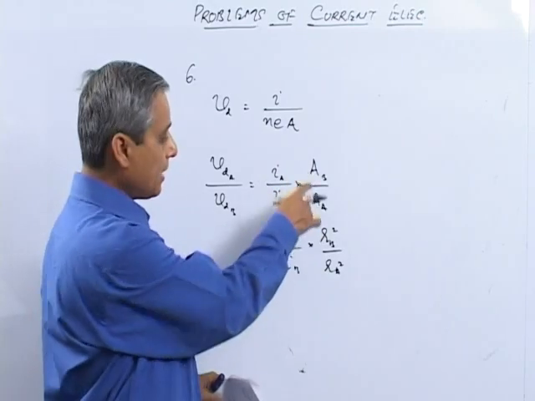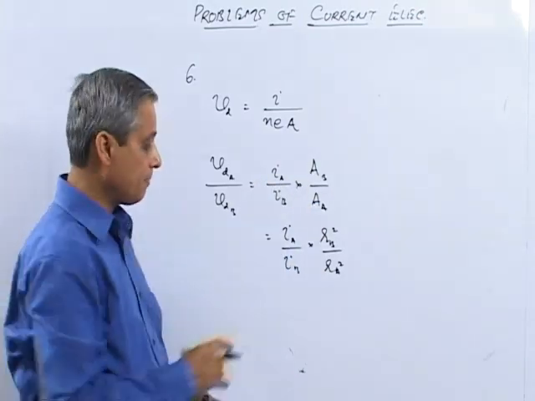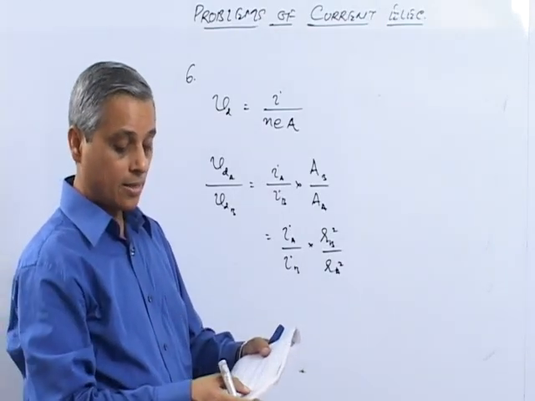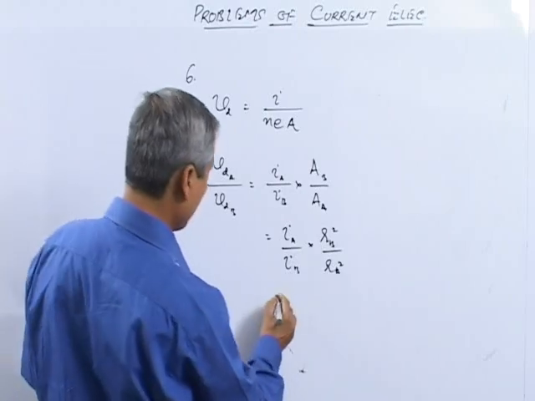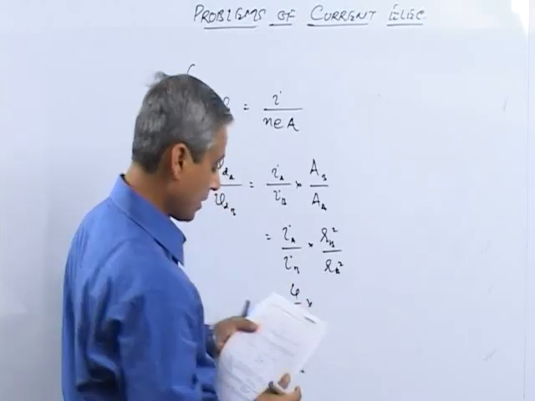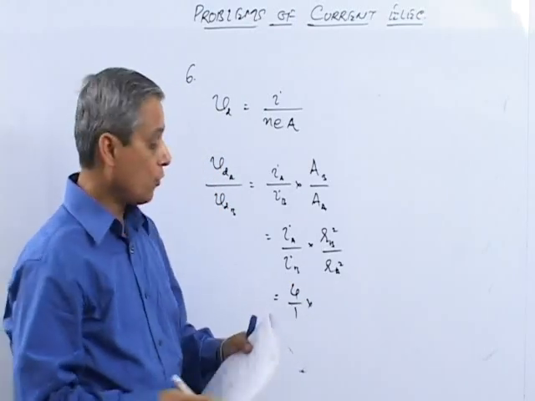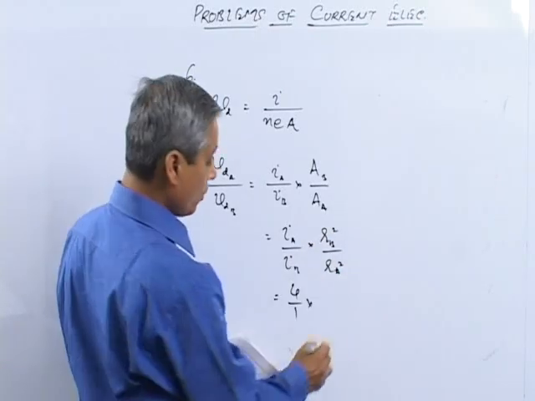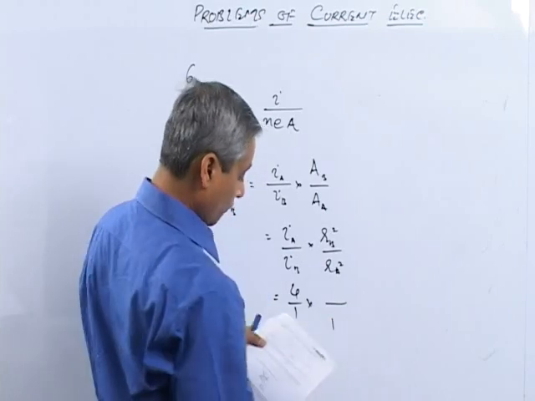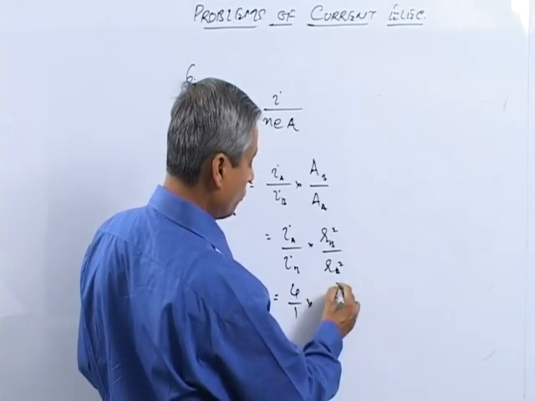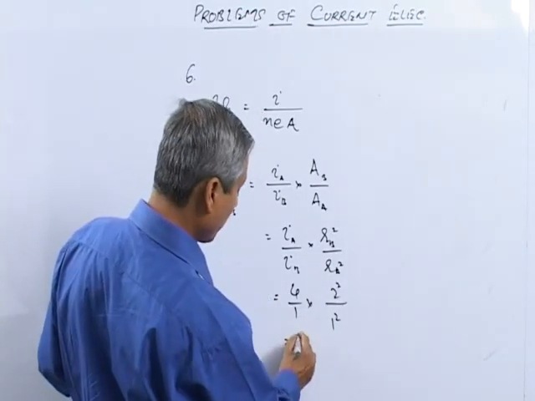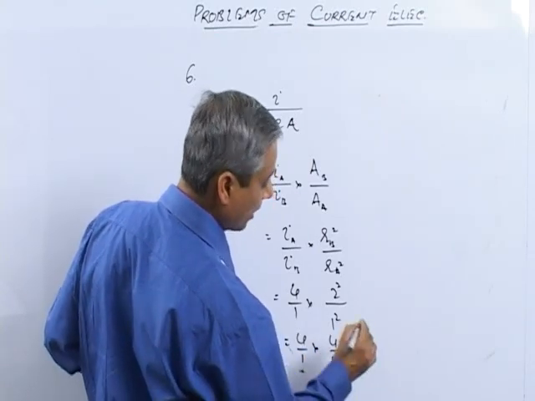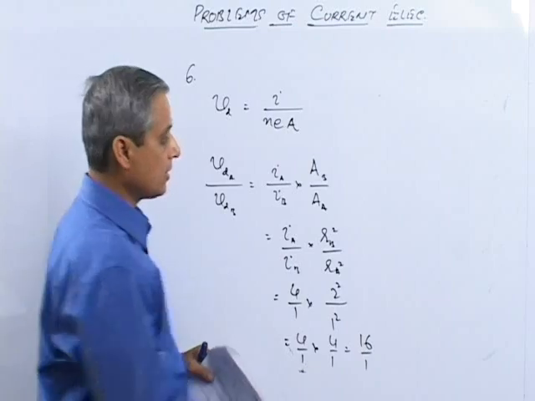Now pi r square, basically in pi r square the pi will cancel. Now Ia by Ib is given, the currents in the ratio 4:1, so that is 4 by 1, and radii in the ratio 1:2. 1 is down, Ra is down, Rb is up, so this will become 1:2, and that is again 4 by 1 into 4 by 1, and that will finally become 16 by 1.